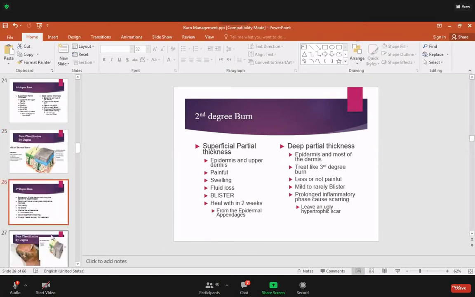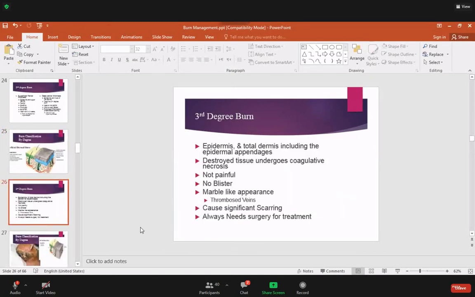Now we go on to the third degree burn. Third degree burns are easily distinguishable from the second degree burns. There is total loss of the epidermis, and all the epidermal appendages that are going into the dermis. And there is a marble-like appearance of the skin of the burnt area.